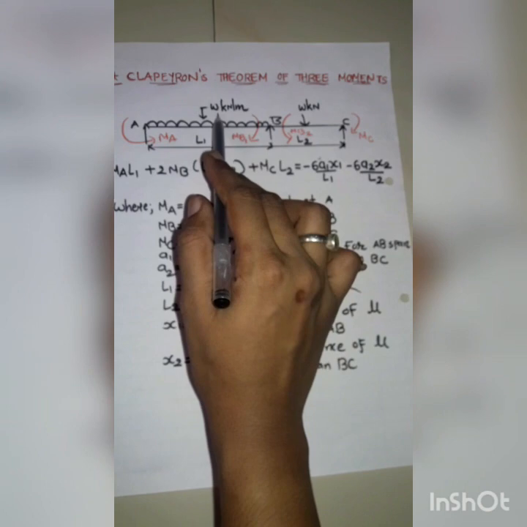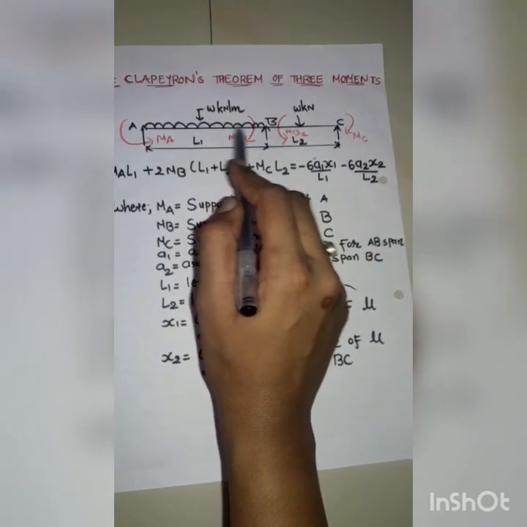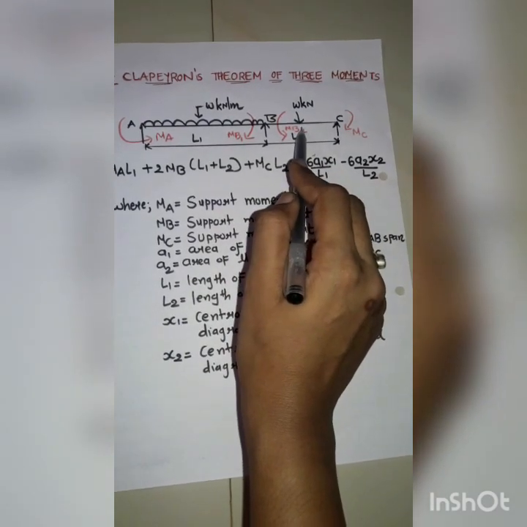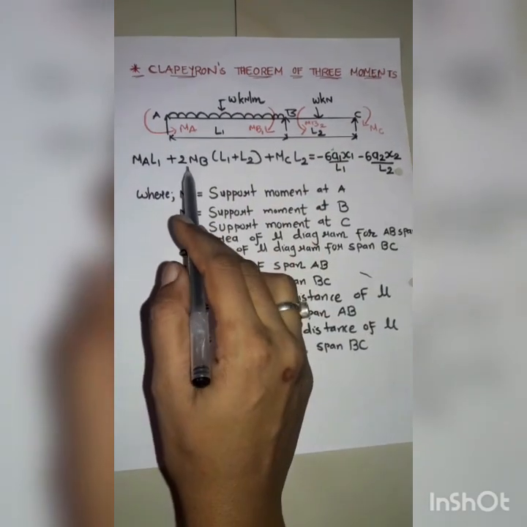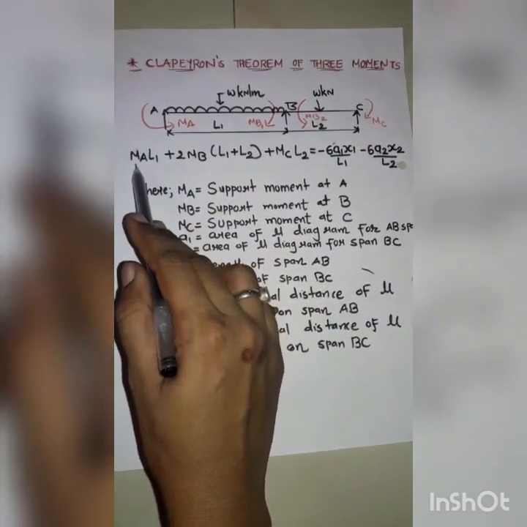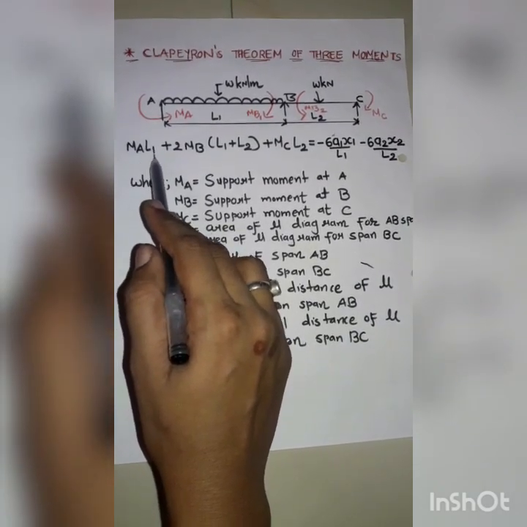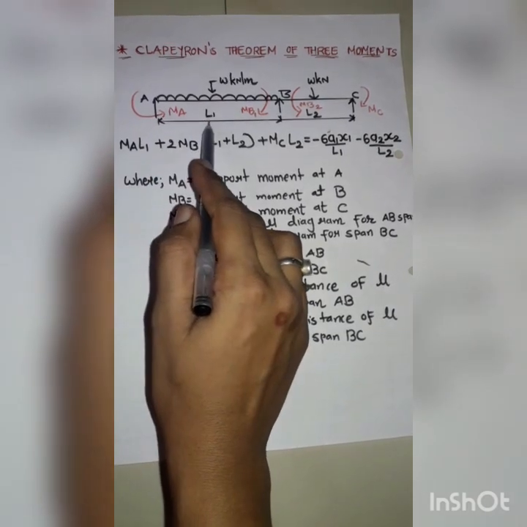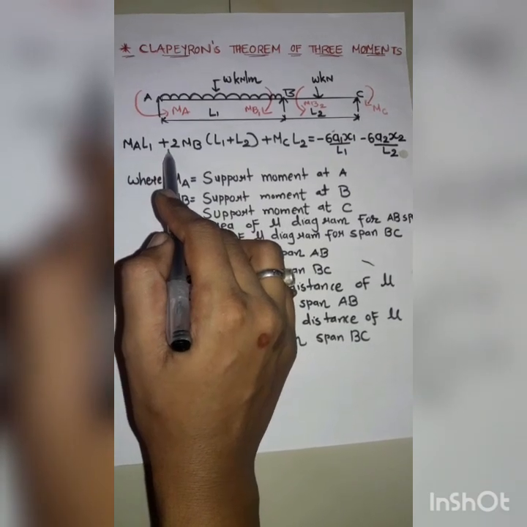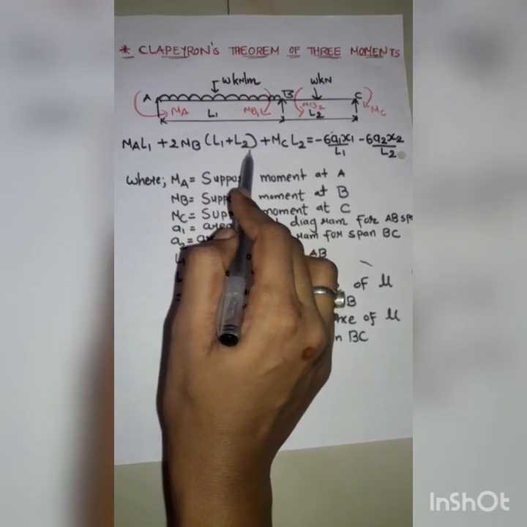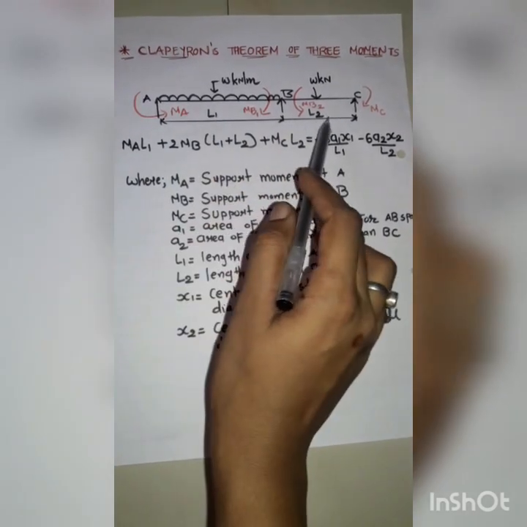Span AB carries W kilonewton per meter load, which is UDL, and span BC carries a point load of W kilonewton. So in the equation, MA is multiplied by L1 only, plus 2MB (L1 plus L2), so MB with respect to L1 and L2.